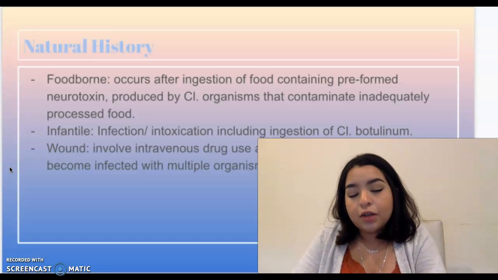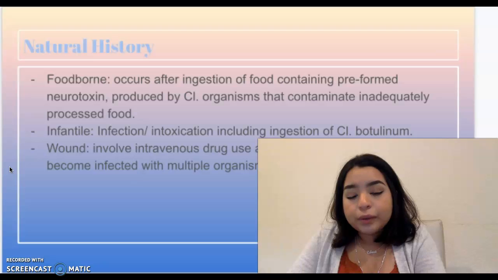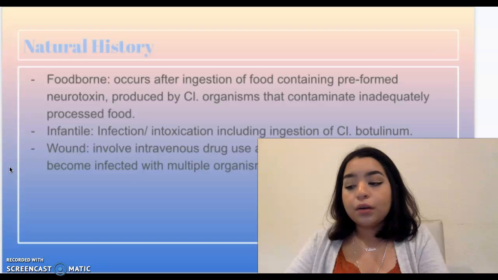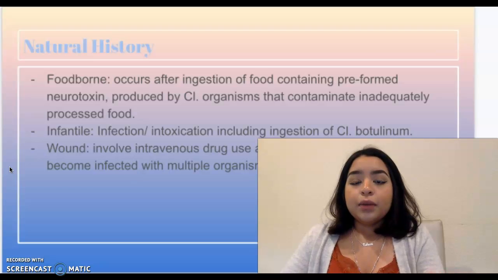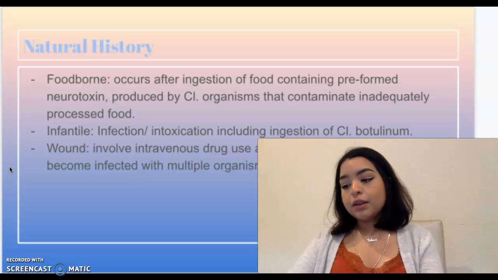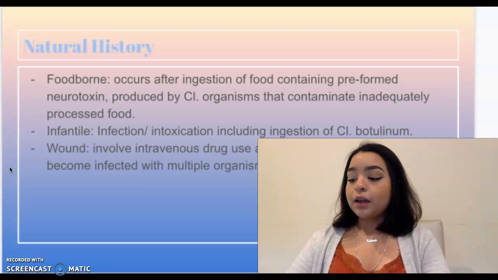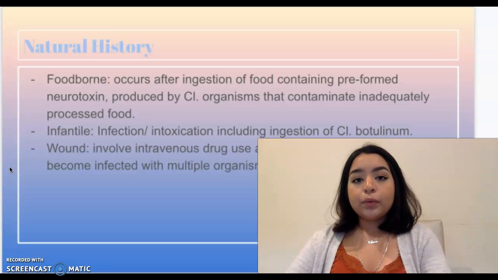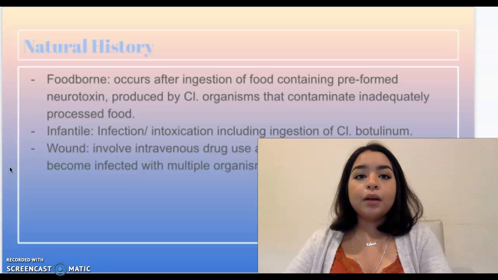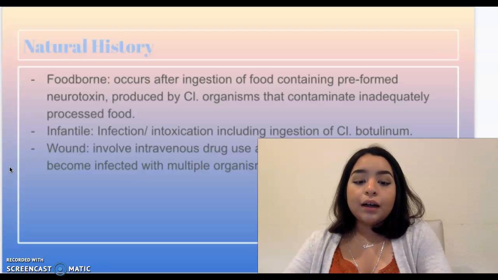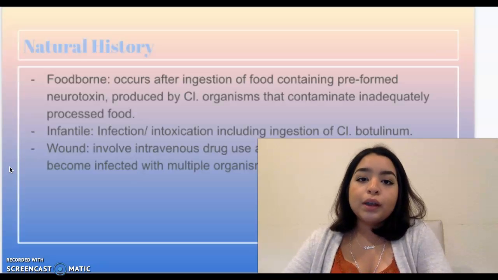Infantile botulism, unlike foodborne, is mostly a combination of infection and intoxication, including the ingestion of Clostridium botulinum itself. Wound botulism involves intravenous drug use and needle puncture sites that become infected with multiple organisms, including Clostridium botulinum. When a wound or needle puncture is left open, it is vulnerable to these spores.